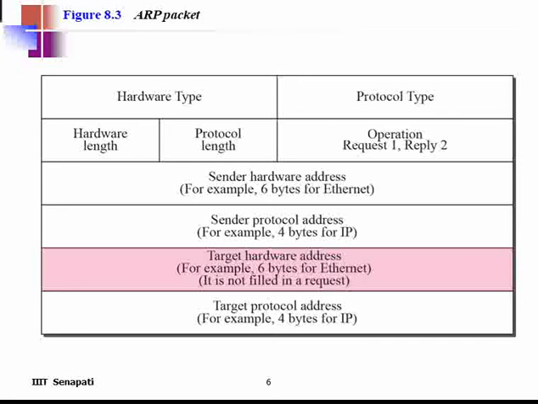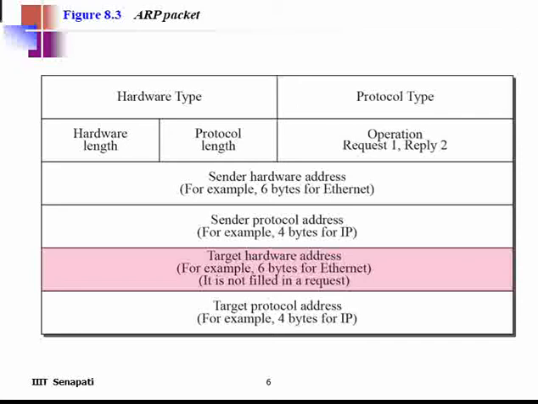So this is your ARP packet. Here there are certain things you should understand. First is hardware type, which is a 16-bit field which defines the type of the network, basically the network on which this ARP is running. Each local area network has been assigned an integer value.